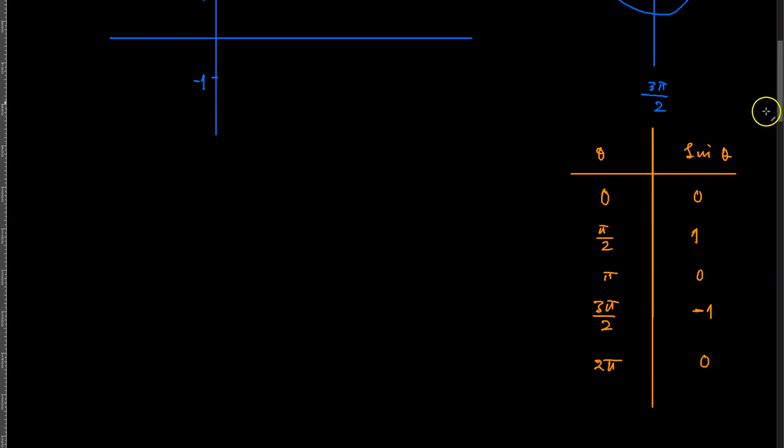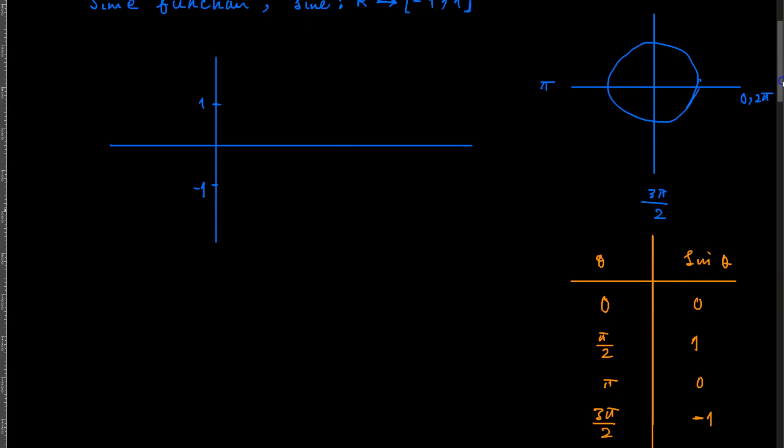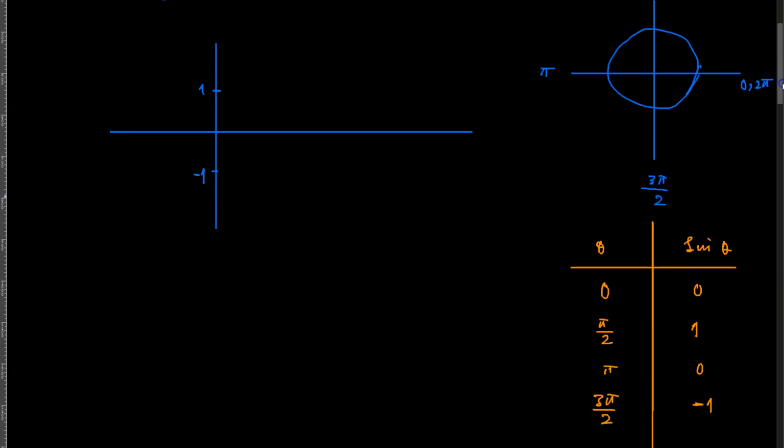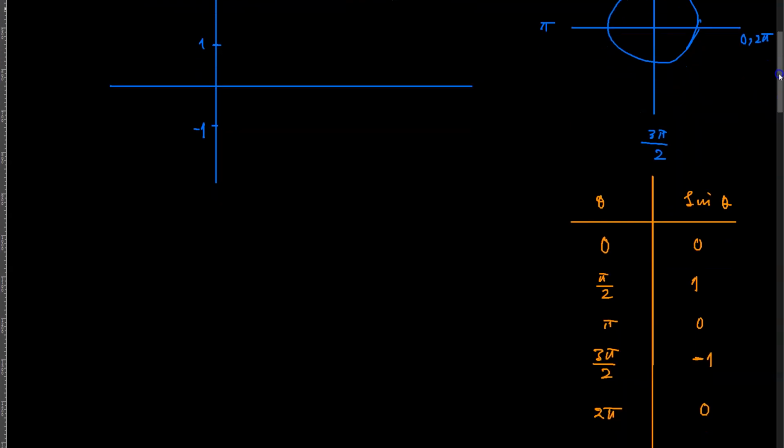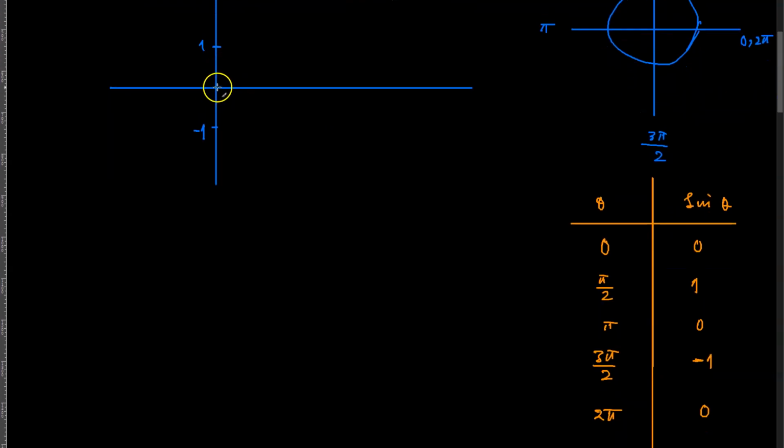Basically you will get all of these points: 0, pi by 2, pi, 3 pi by 2, 2 pi. And if you go in the other direction, the angle becomes -pi by 2, -pi, -3 pi by 2, -2 pi, and you can just go around the circle over and over again.